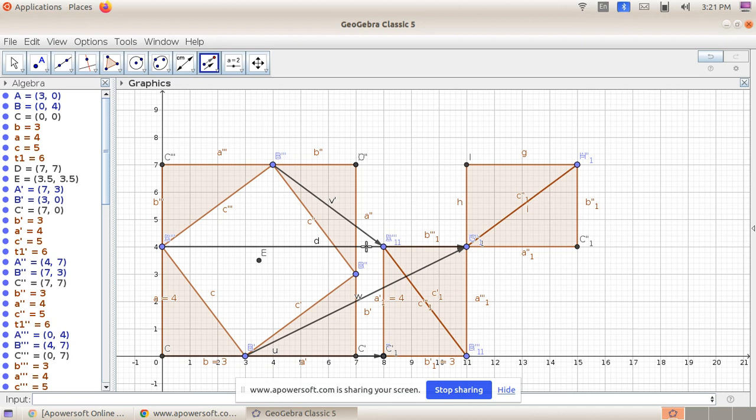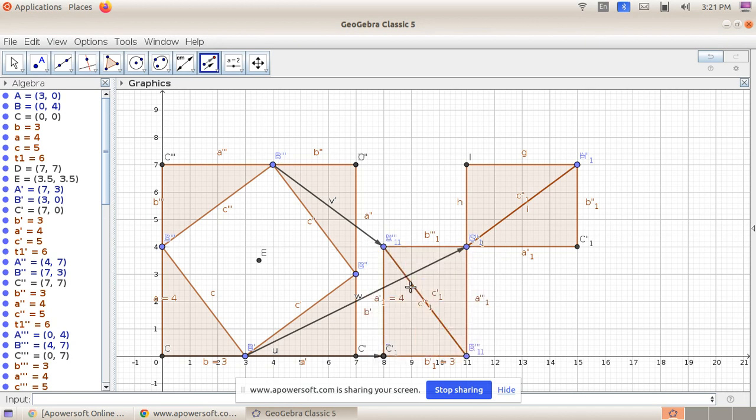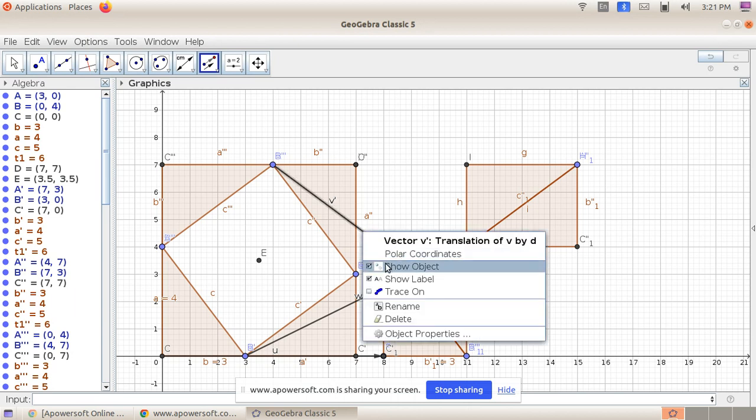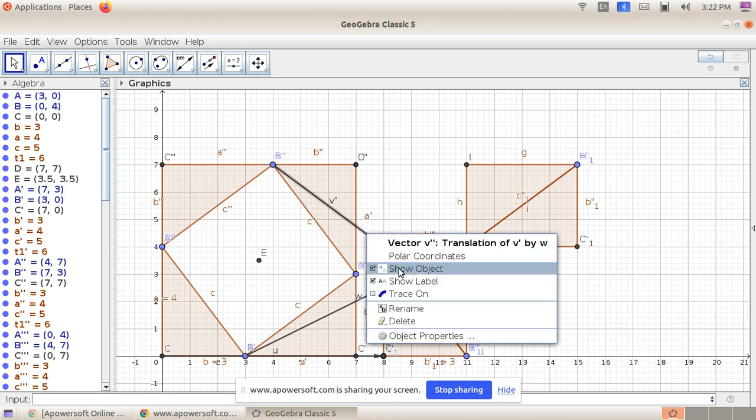Again, the second one, right click it, show object. Again, the next one, right click it, show object. Next one, right click it, show object.